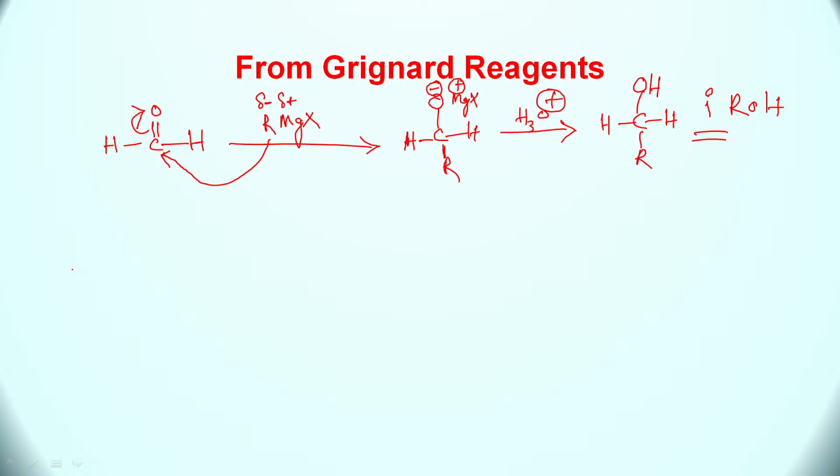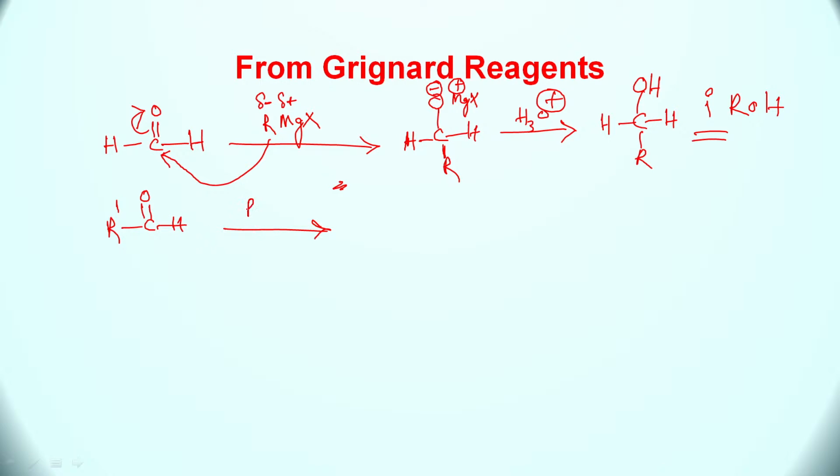Similarly, let us take an aldehyde other than formaldehyde, R dash C double bond O H. Okay, this is the aldehyde other than formaldehyde.